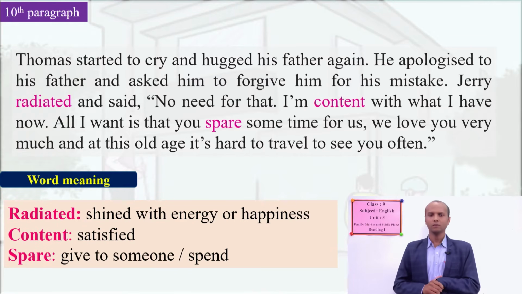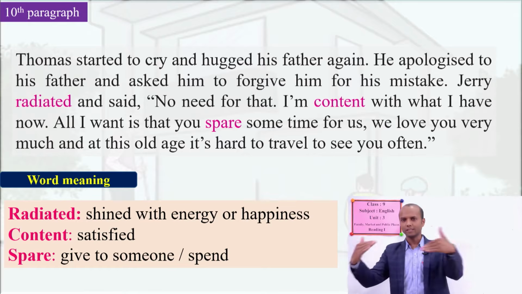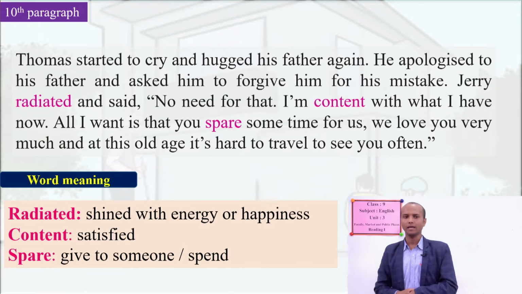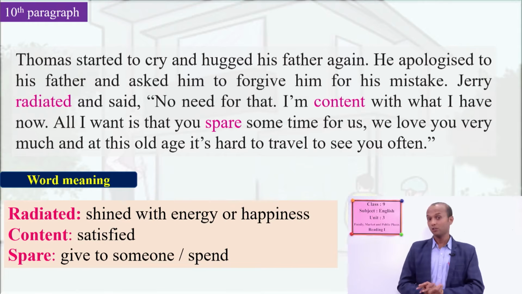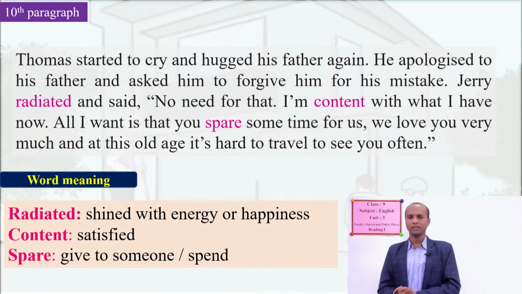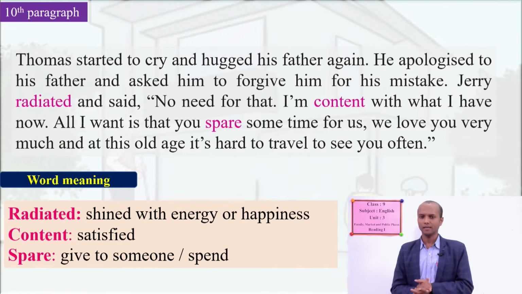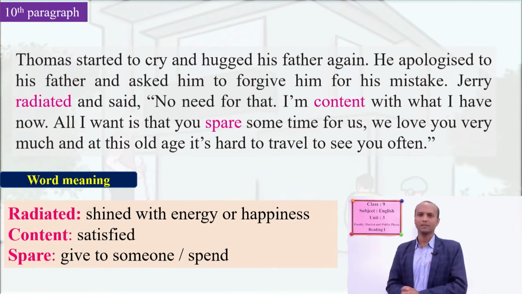Now Thomas started to cry and hugged his father, means embraced his father, and he also apologized for whatever he has done or for his mistake. And Jerry was quite happy at the time, means the father was quite happy, and he consoled the son, saying that no need for that, means you shouldn't be very sad.